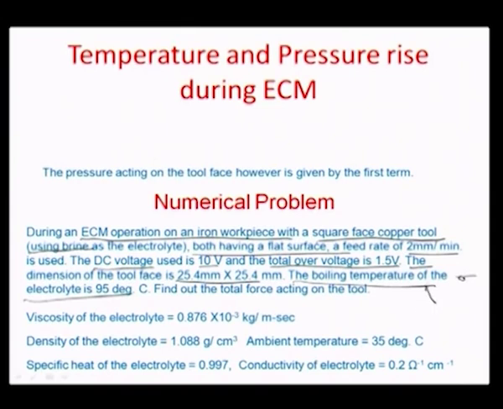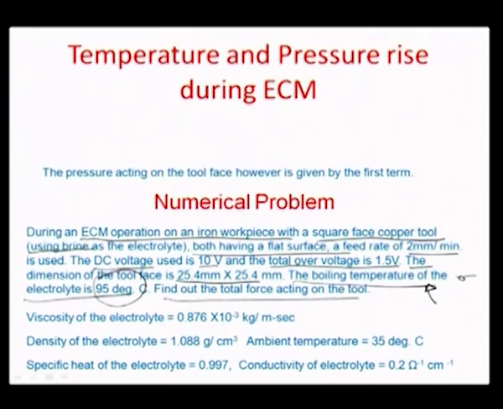We will calculate in this numerical problem assuming that we hit only 95 degrees and not beyond, and then find out whether the total force acting on the tool is sufficient to cause warpage of either the copper tool or the iron workpiece.